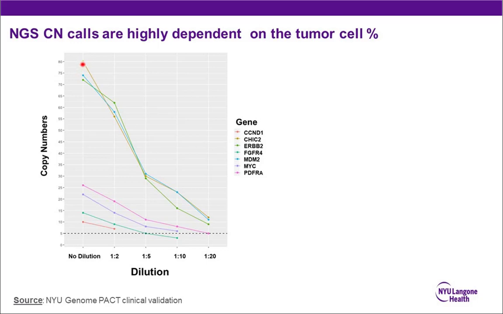You can see how rapidly the number of copies called by next-generation sequencing decreases as you dilute your specimen. While tumors that have a very high starting level of copies do relatively well even with significant dilution, 1 to 10 or 1 to 20, the genes that are amplified with a relatively lower number will be very much affected by your dilution, and you're not going to be able to call them at a threshold which is here established at 5 copy numbers.